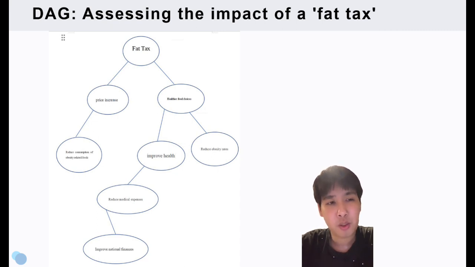For example, they could study the relationship between price changes following the implementation of a fat tax, such as health spending and GDP. Such research can provide quantitative data on the health and economic impacts of fat tax policies, helping government and policy makers better understand the effects of these policies to formulate future public policies.